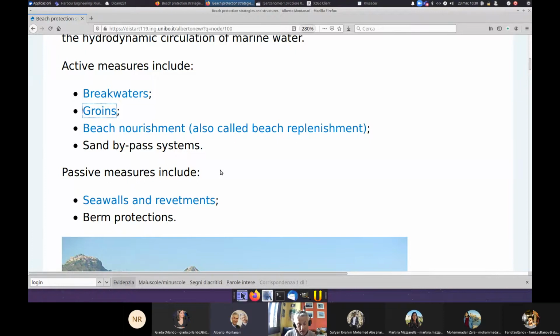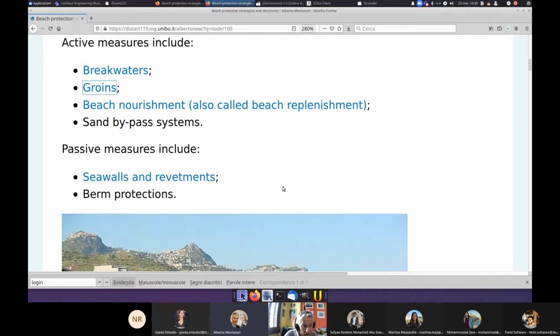It is indeed something that may be very useful and gives you a nice example of how harbors and adjacent coastline are strictly interconnected systems. And this is also why we analyze these protection structures or protection strategies in an integrated way.